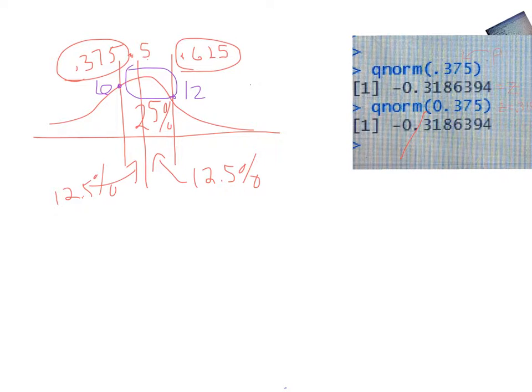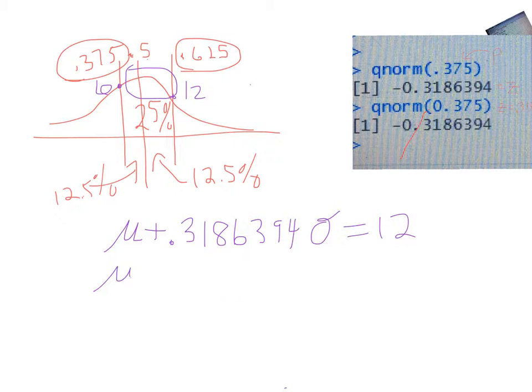And so here's how we set it up. We say that either mu plus the z value that we found for the positive one times sigma equals 12, or mu minus, because of the negative z value that we found for the 0.375, times sigma equals 6, because that's our interval.